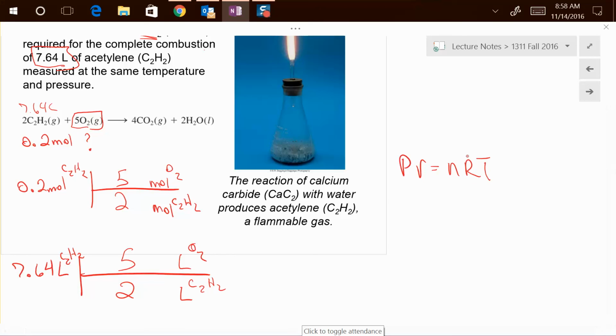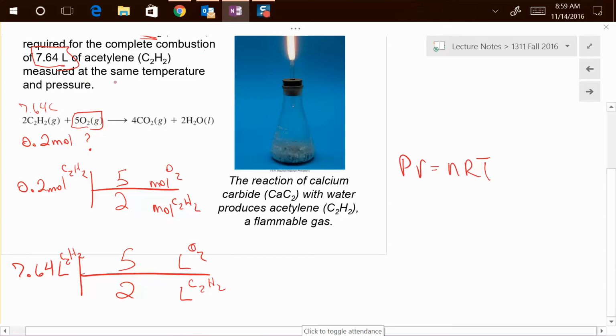This is 0.2 moles, which is not 22.4, and we don't know if this is at STP. If it was at STP, then we could easily solve for the moles, and then use the moles in this equation and go back. It needs to say STP before you're going to be using this at all. You need to have at least the temperature and pressure that it's being run at, which they don't give you, right?